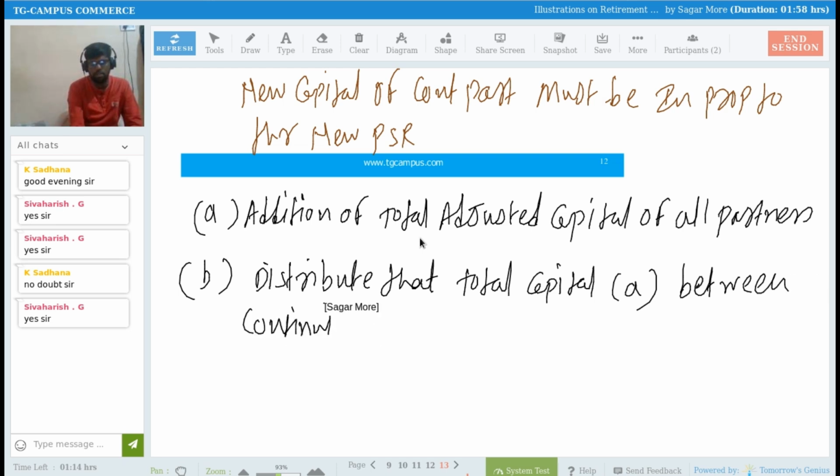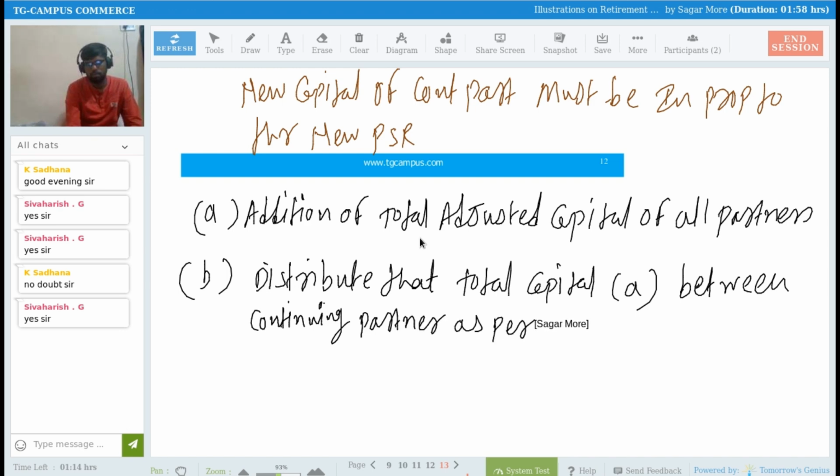We have to distribute it between continuing partners as per their new profit sharing ratio. As per new profit sharing ratio.